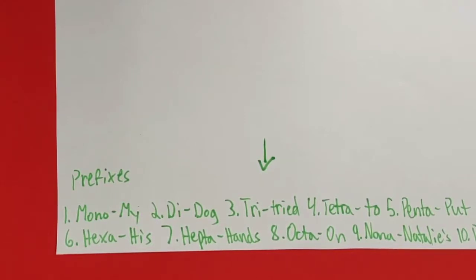An easy way to remember this, or an analogy, is: my dog tried to put his hands on Natalie's desk. Just repeat that a few times and hopefully you will be able to remember the prefixes.